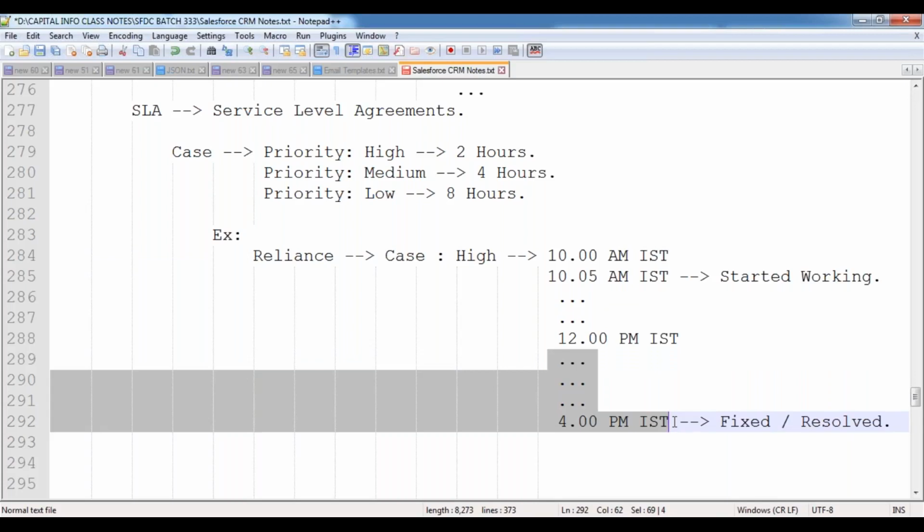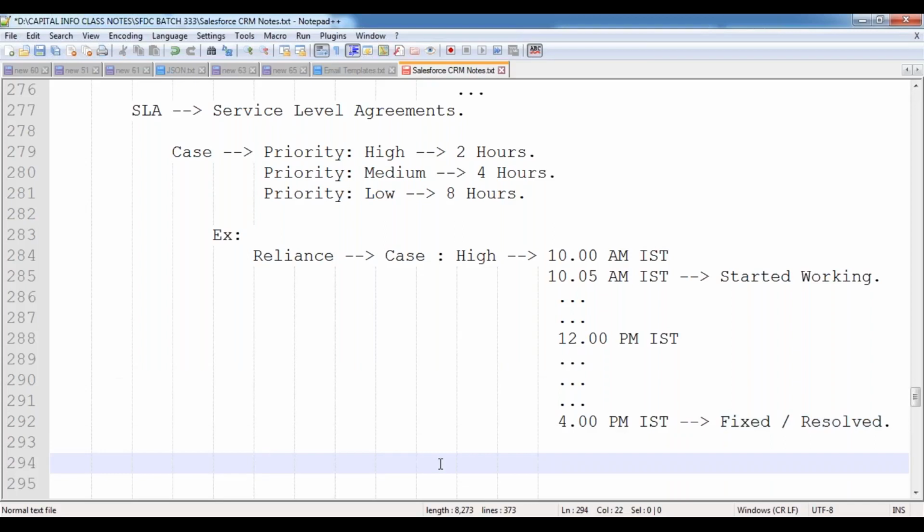In these 4 hours, Reliance people got some 3 crores of loss. Then who is responsible for this loss now? Who is the responsible person for this 3 crores of loss?